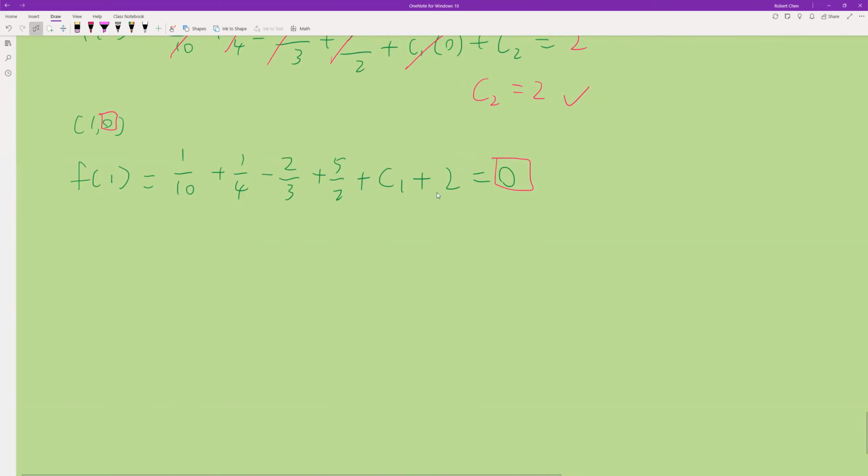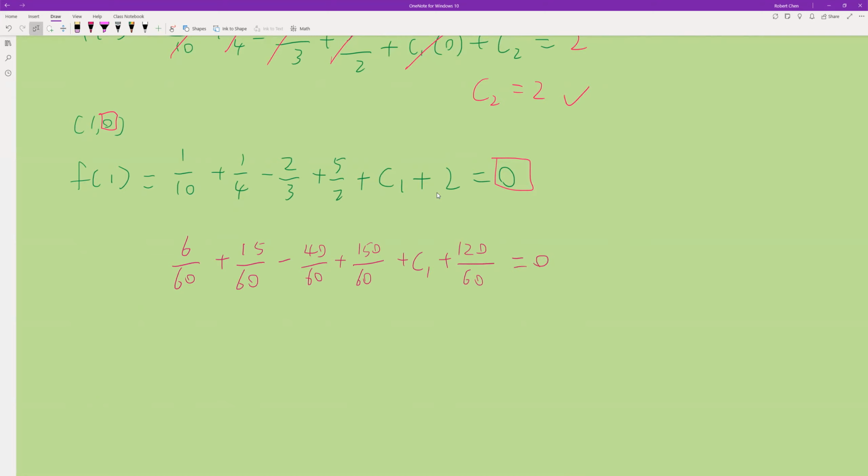So first one would be 6 over 60 plus 15 over 60, minus 40 over 60 plus, times 30 to get 60, and times 30 in the numerator, I get 150 over 60, plus c1 plus 120 over 60. 120 over 60 is equal to 0.